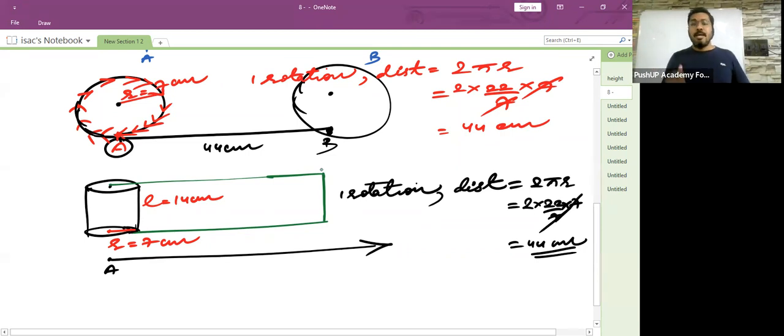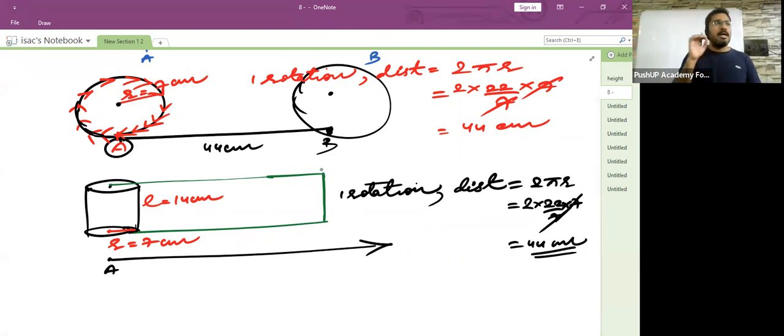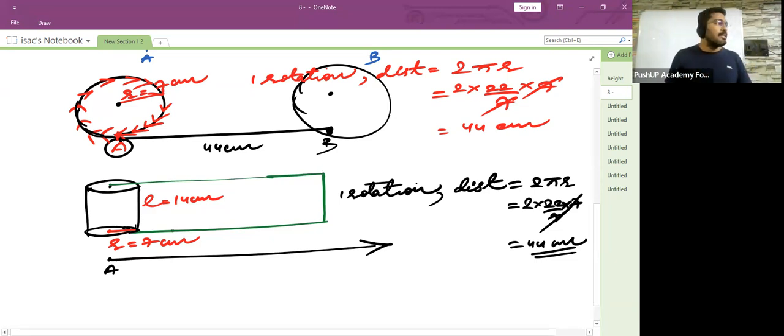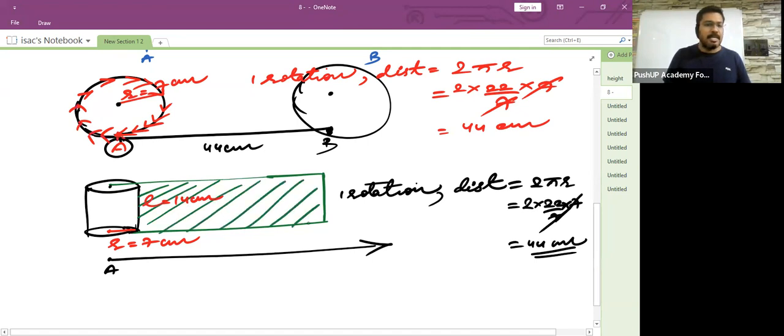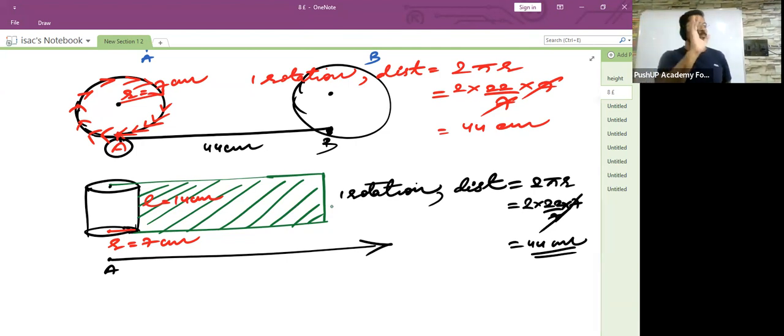I'm telling you that the cylinder underwent one complete rotation. In that case, how much would be the surface area covered by this cylinder? Get me the answer. Don't explain anything, just give me the answer.